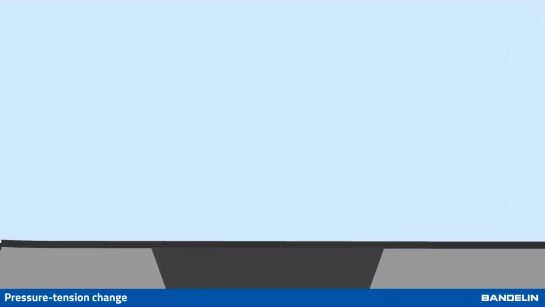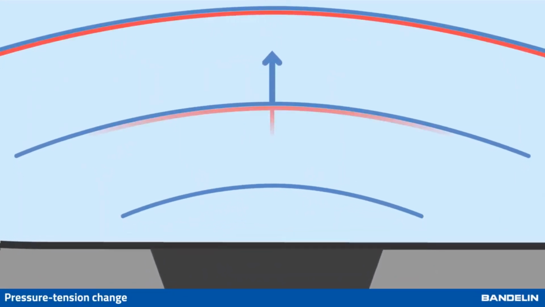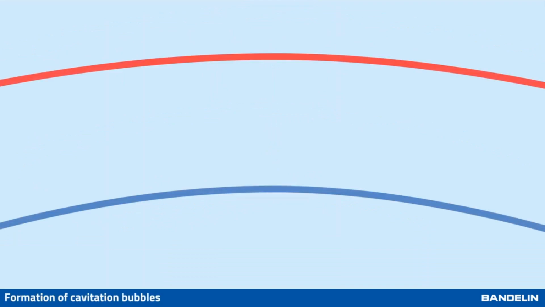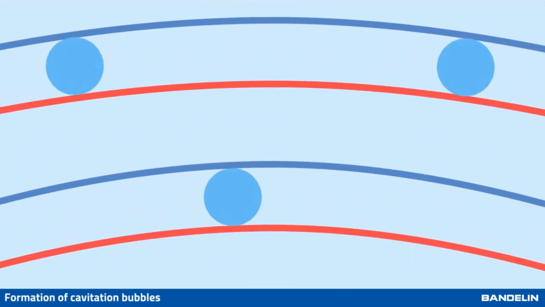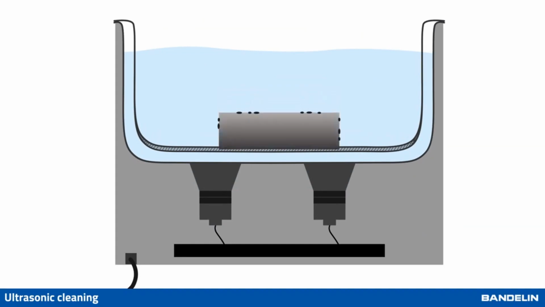The oscillation causes a rapid pressure tension change in the cleaning solution. The pressure tension change generates cavitation bubbles. These bubbles grow and implode. The implosion creates the cleaning effect. The object to be cleaned in the ultrasonic bath is therefore cleaned within a few seconds.